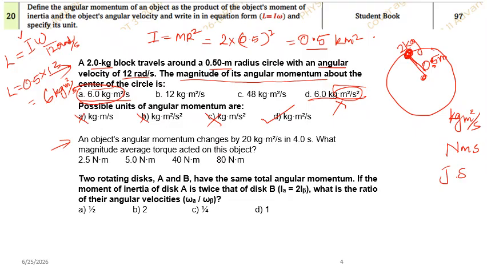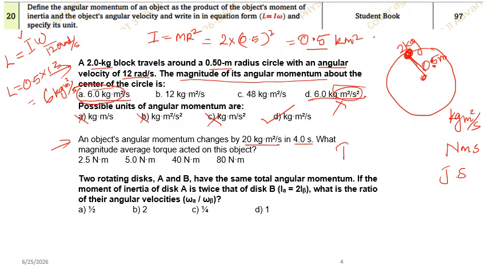Okay, now let us look at the next question. An object's angular momentum changes by 20 kilogram meter square per second in 4 seconds. What is the magnitude of the average torque acted on this object? Again, recall the equation we need.